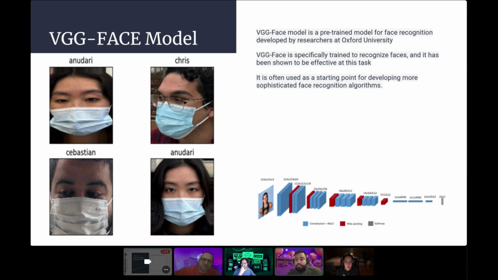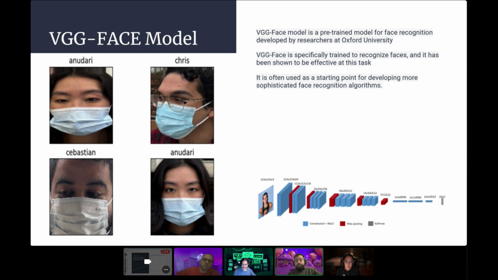The input of VGG Face is 224 by 224 by 3, and that becomes a struggle if you don't get that right. So when you build the model, you have to be specific.